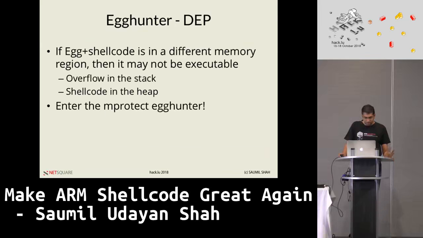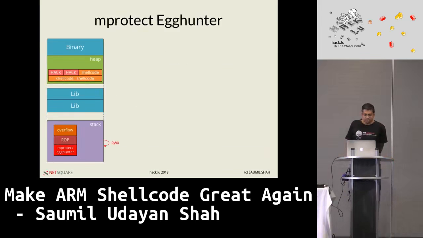So without much further ado, let me show you what the ARM mprotect egg hunter does. There are very minor modifications in the shellcode. Essentially, instead of using a test syscall, you want to use mprotect as the page checking syscall itself, which means that the first time you get control of shellcode, your stack memory is RWX.